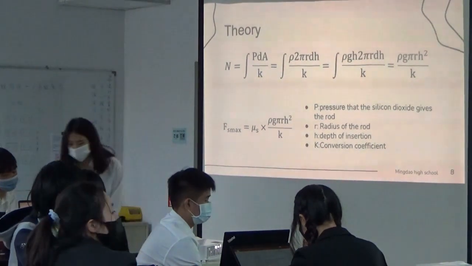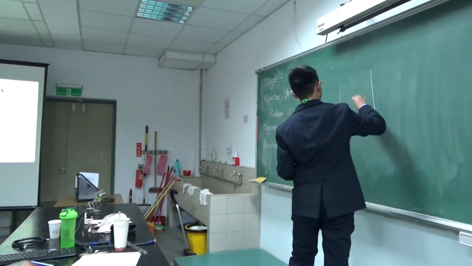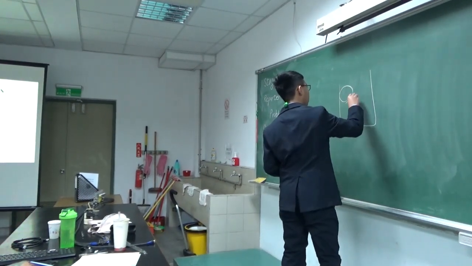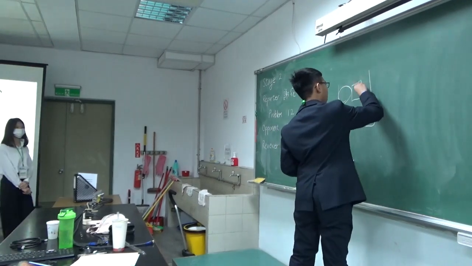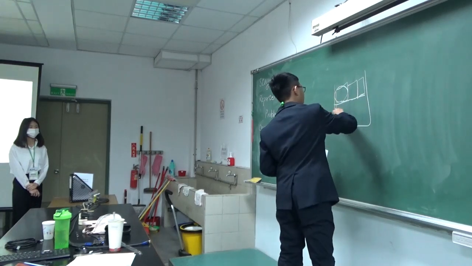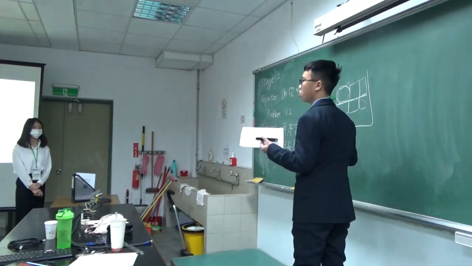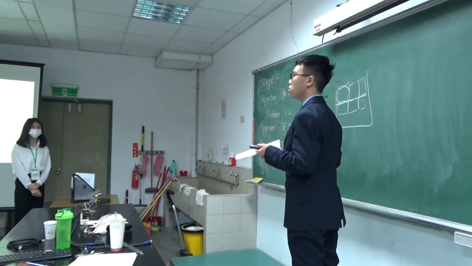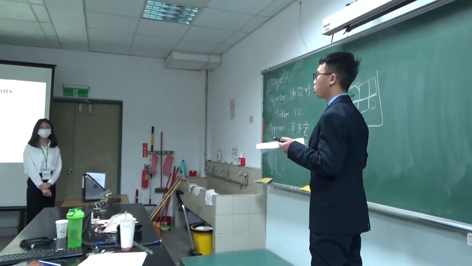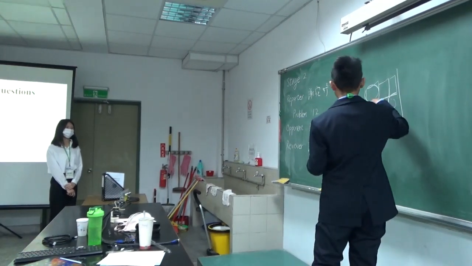silicon dioxide. So may I use the blackboard? So in your theory, you consider the silicon dioxide to be like this because the contact area is just PdA, and you did an integral, which shows that you consider it as a continuous contact surface.